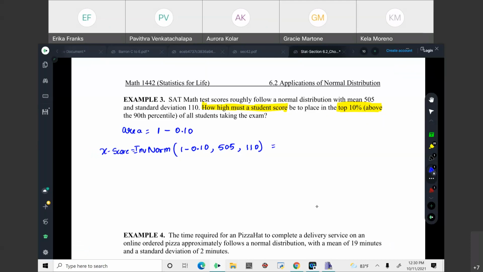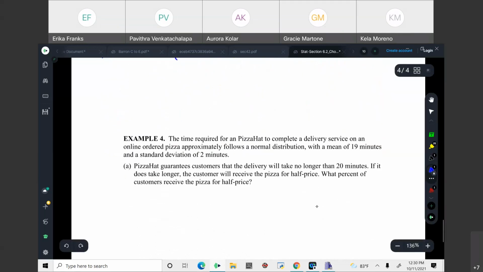Anyone with the answer? Did you get the same answer? Okay. So 645.97, or else you can just approximate it to 647 points. Okay. So this is example 3.